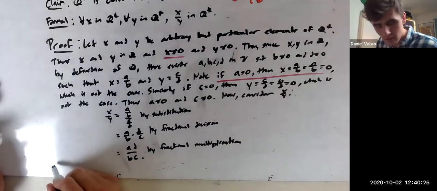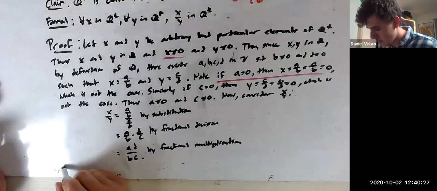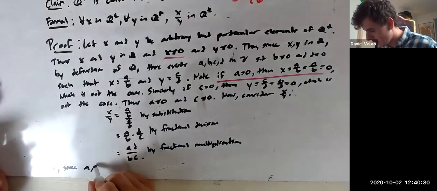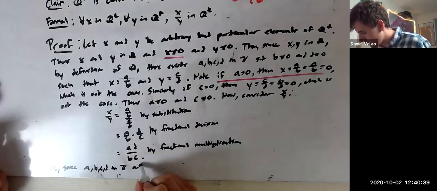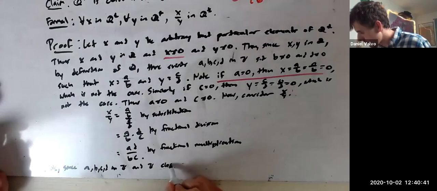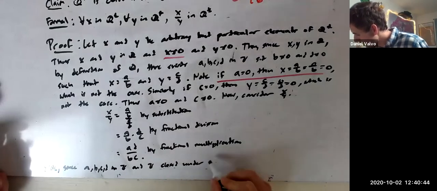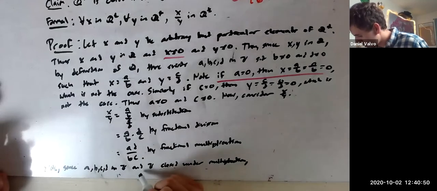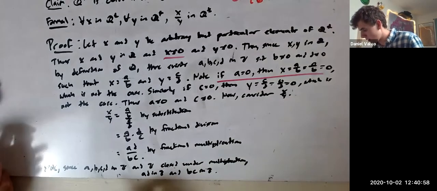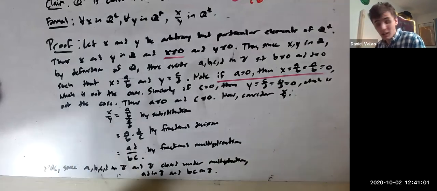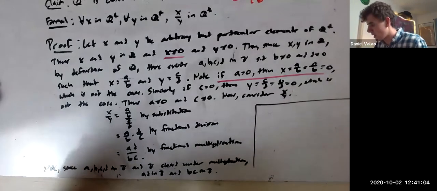So I'll say note, since A, B, C, D are in Z, and Z is closed under multiplication as a fact, AD is in Z and BC is in Z. All right, so AD and BC are in fact integers.